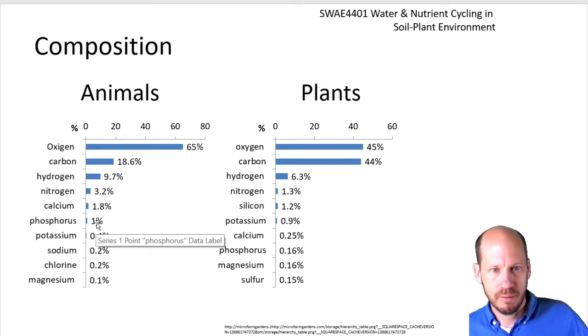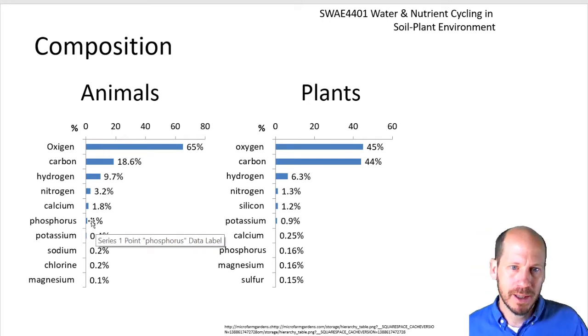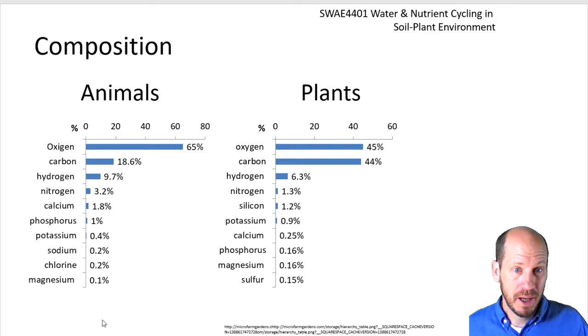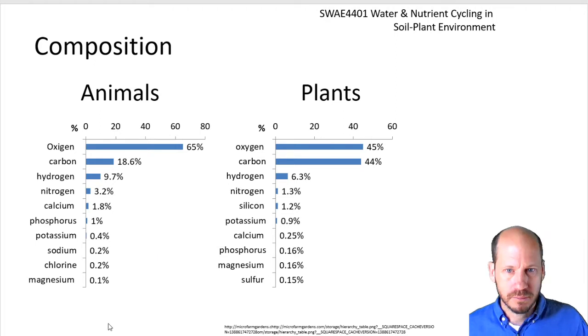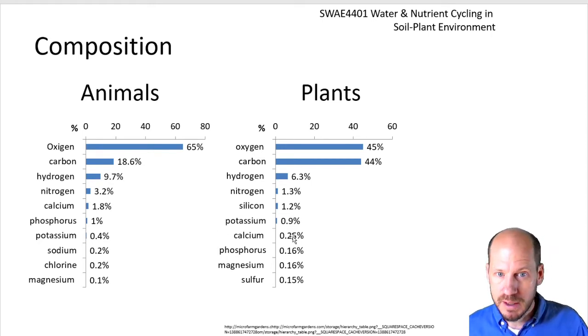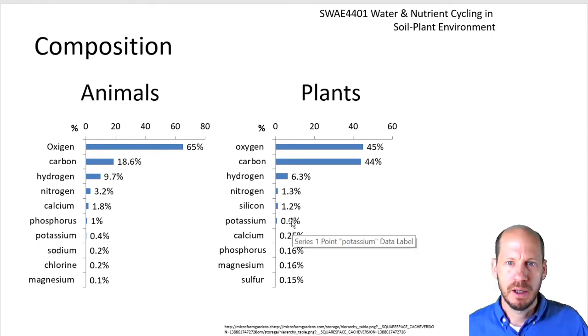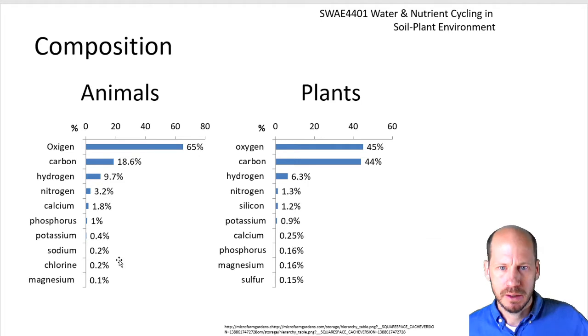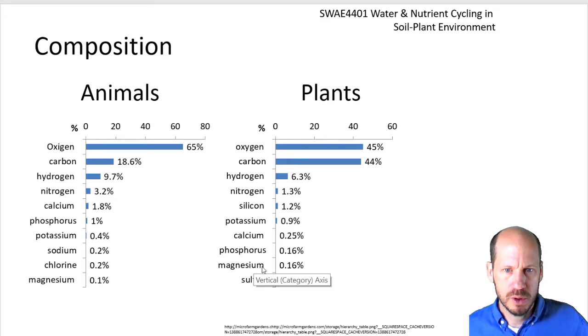So this is why phosphorus is so much more abundant in animals than in plants. Potassium is a little bit higher in plants, but this can vary quite significantly in plants also. Sodium is not an essential nutrient for most plants, so you will not find it in high amounts.